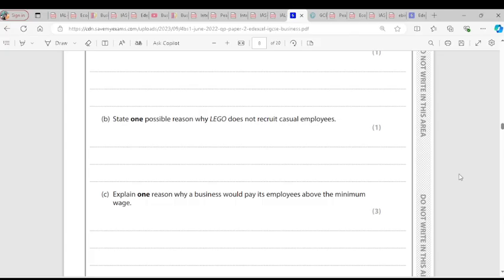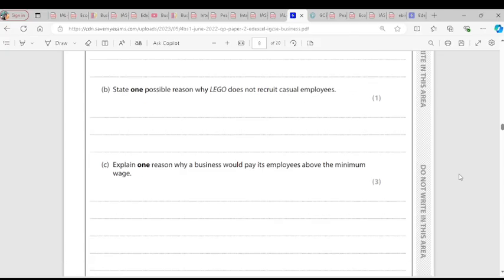When you employ full-time workers, they know that the success of the business will also have a positive impact in their lives. You understand? But if you are employing a casual worker, they don't care. They only get paid for what they work. They don't have that commitment with the company. So that is the problem about employing casual employees.